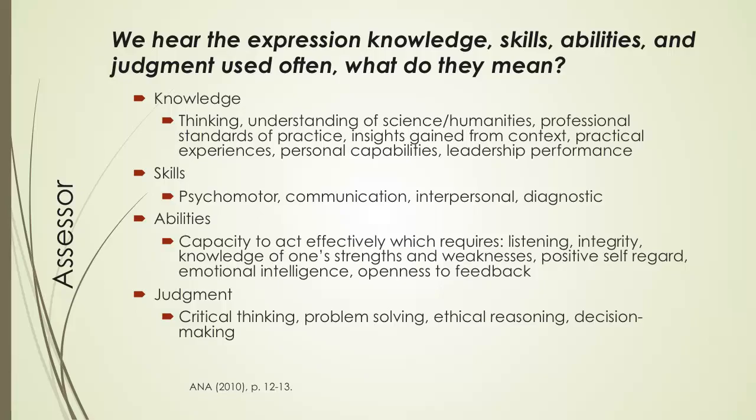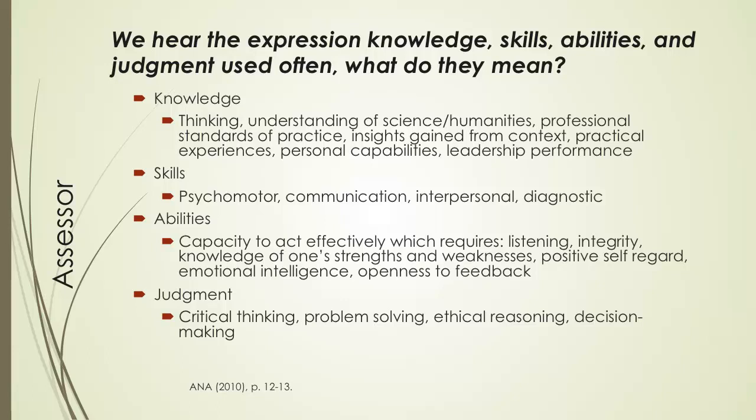You'll be hearing the phrase knowledge, skills, abilities, and judgment. ANA provides an easy-to-remember explanation in the second edition of Nursing: Scope and Standards of Practice, published in 2010. So what does this phrase mean? Knowledge attributes are thinking, understanding of science and humanities, professional standards of practice, insight gained from context, practical experiences, personal capabilities, and leadership performance.